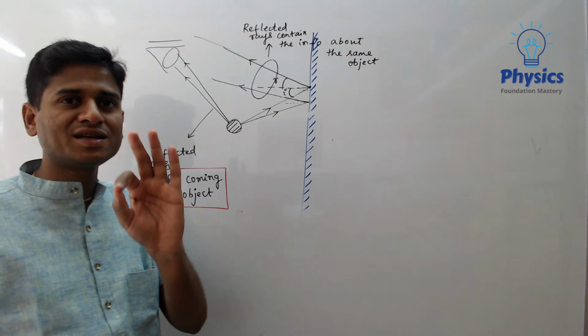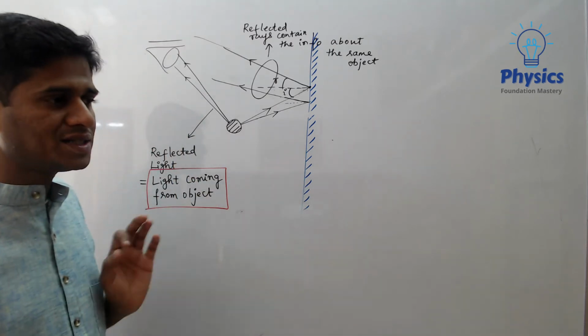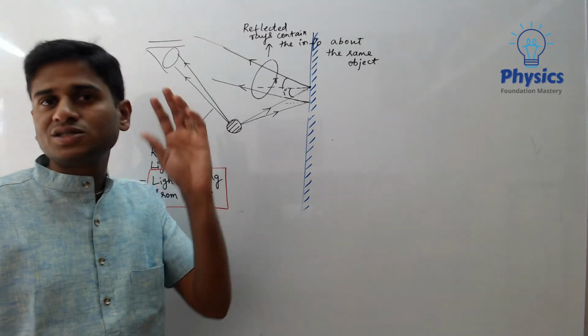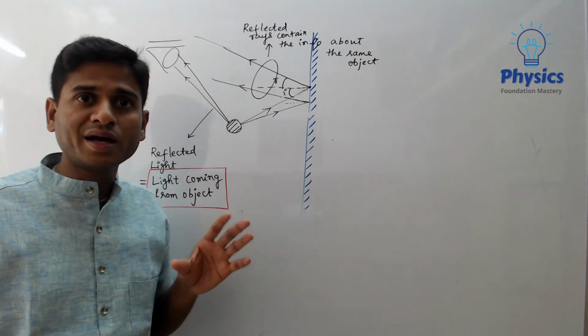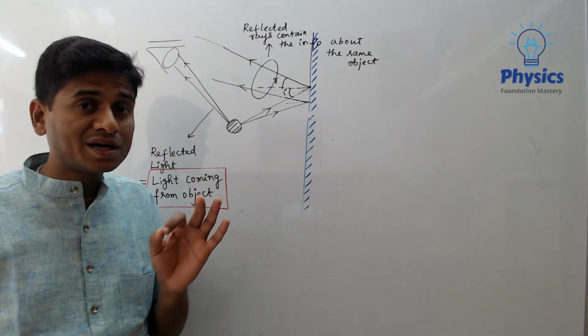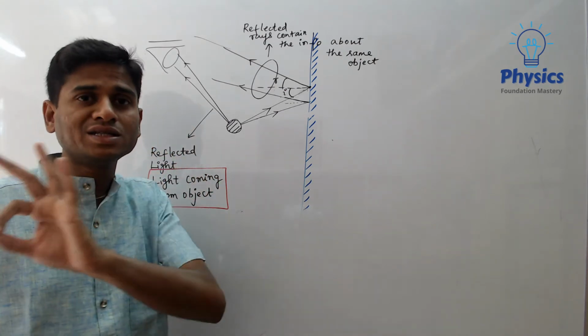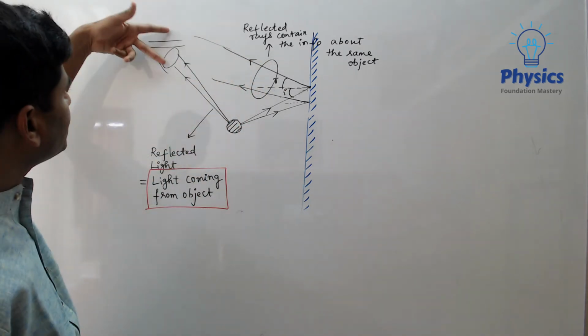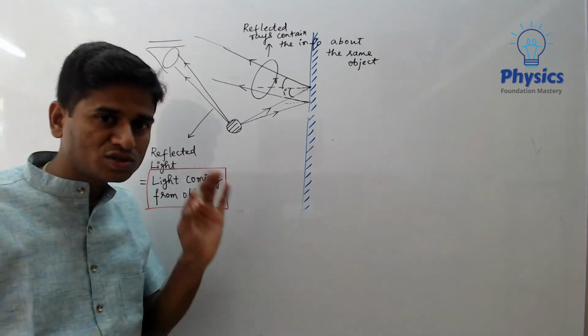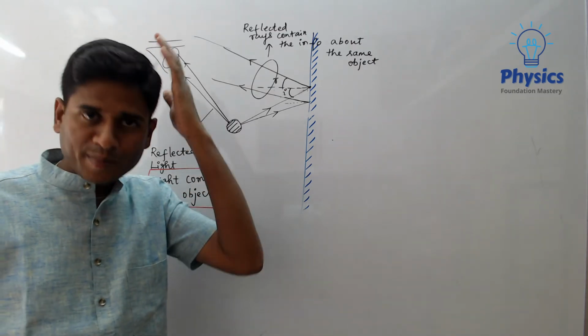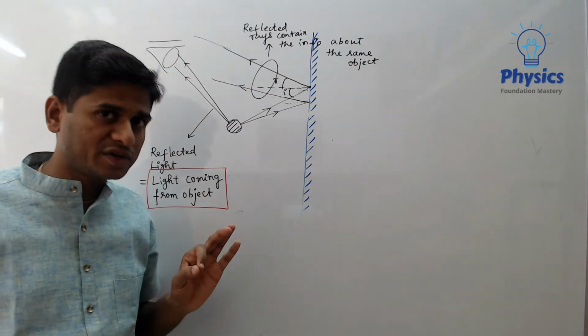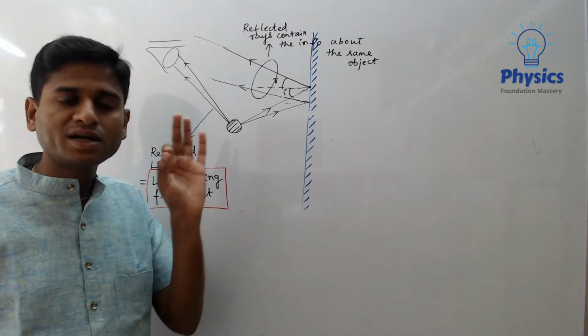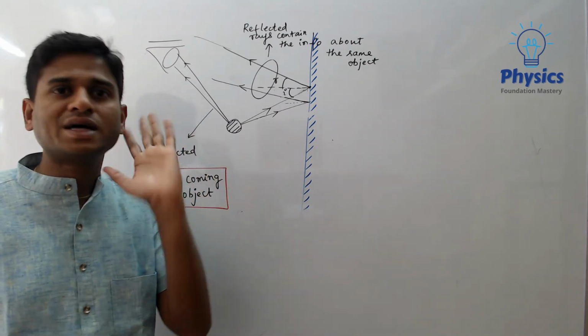Now, I want to say another very important aspect. What is that? Our brain is designed in such a way that it believes that light can only travel in straight line paths. Very, very important. So when these two rays are received by the eye, what's going to happen? Our brain is designed such that light can travel only in straight line paths.